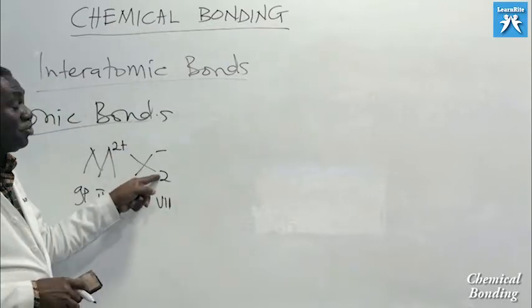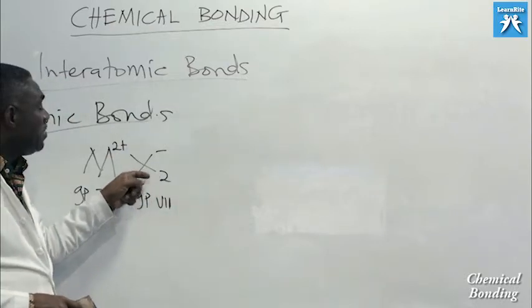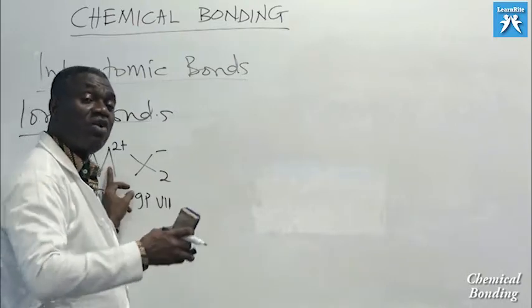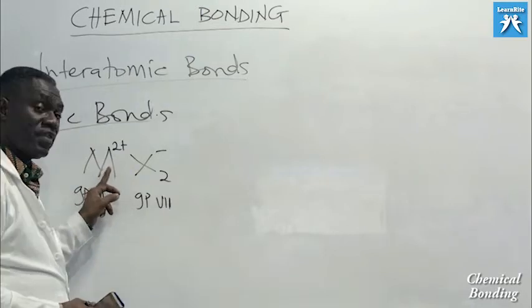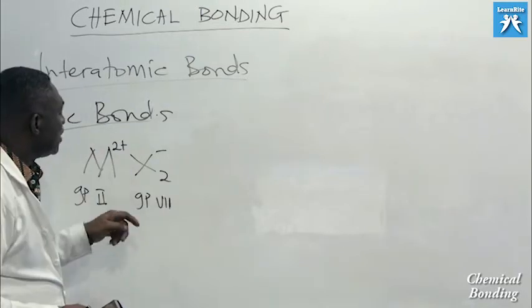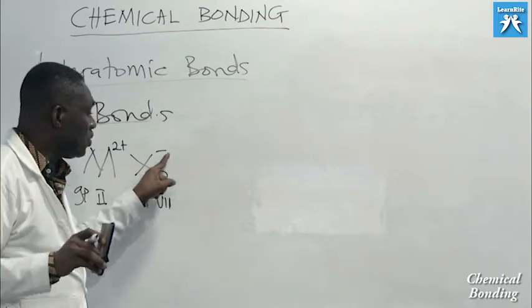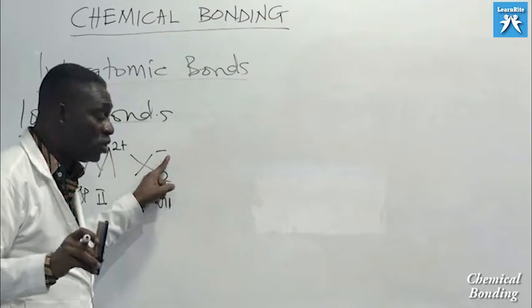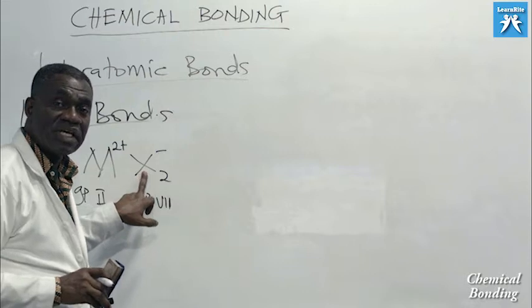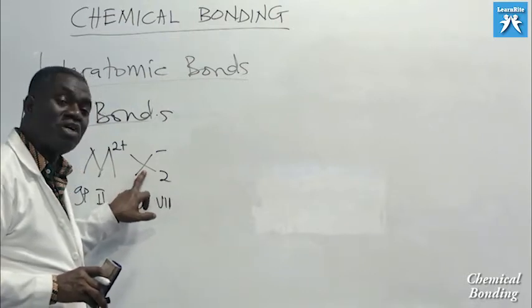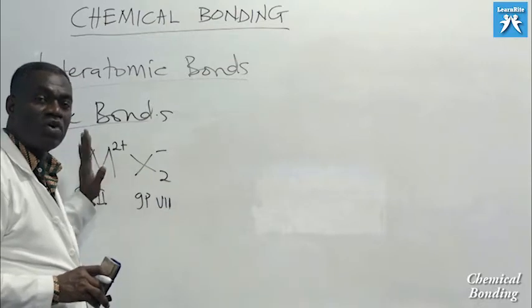Now why am I putting these 2 here? It is telling me that if the group 2 element, because it is in group 2, can lose 2 electrons at the same time, not 1, when it loses the 2 electrons, if it is going to combine with a group 7 element, which can accept only 1 electron, you need 2 of such atoms of group 7 for each one to accept 1 electron from the group 2 element.